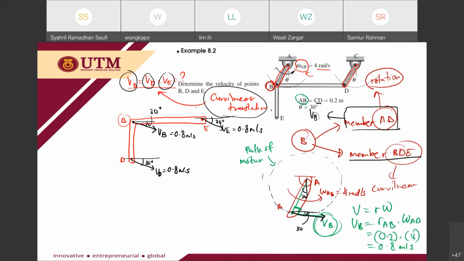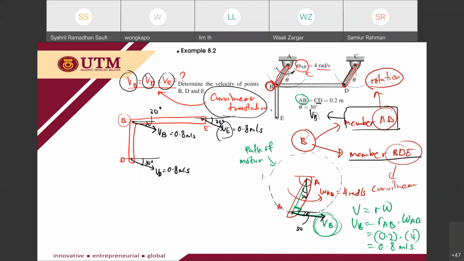Since from member BDE, I know that VB equals VE equals VD, because it's moving with curvilinear translation, from this VD I can obtain the omega.